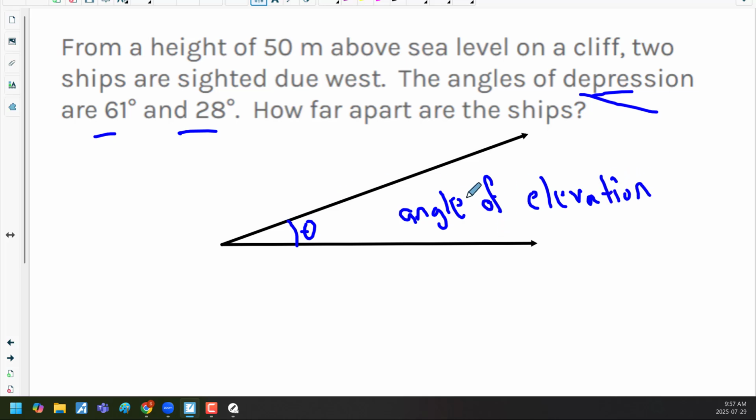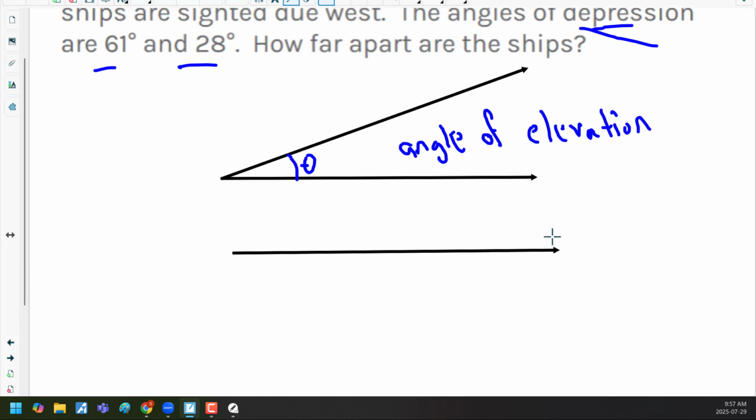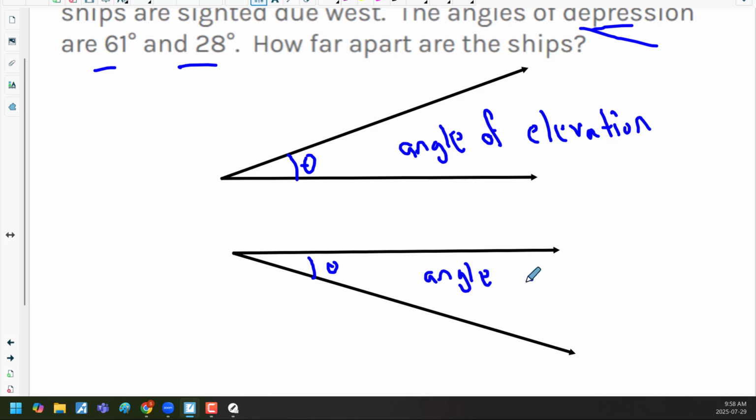But with the angle of depression, a lot of students get this wrong. Back to the beginning, you're looking straight down the middle, and now, instead of looking upwards, you start looking downwards. This is called the angle of depression. So angle of depression basically means looking down.